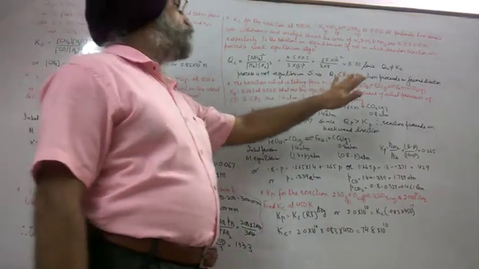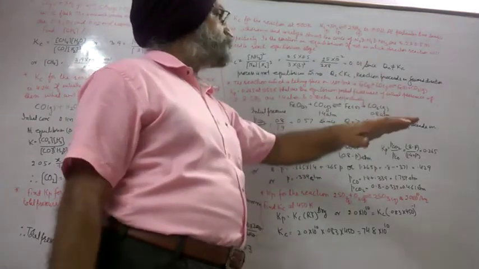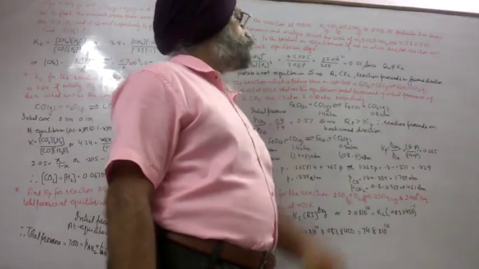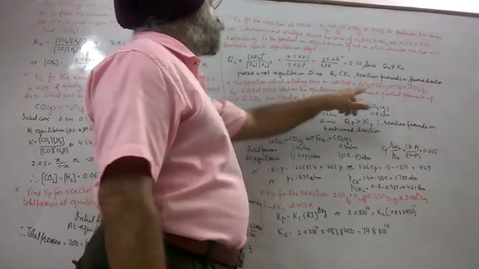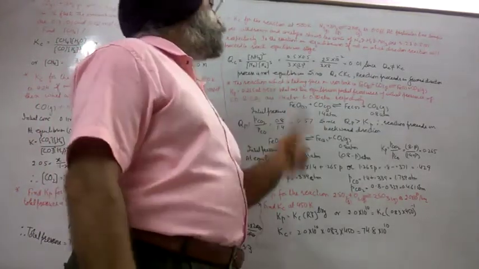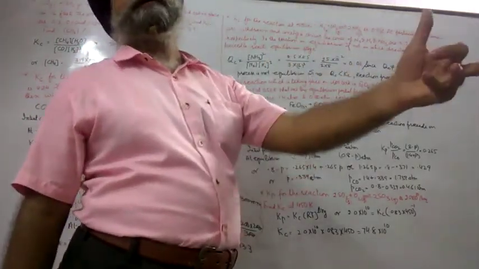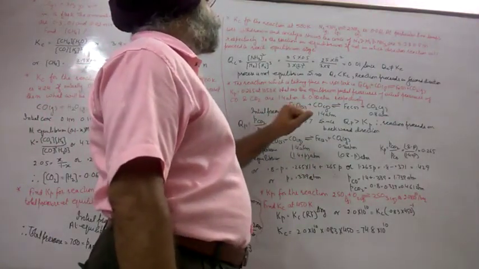What are the equilibrium partial pressures? What is the partial pressure of CO at the equilibrium stage? What is the partial pressure of CO2 at the equilibrium stage? If the initial pressures of CO and CO2 are this and this. I'm saying this is the tough numerical.